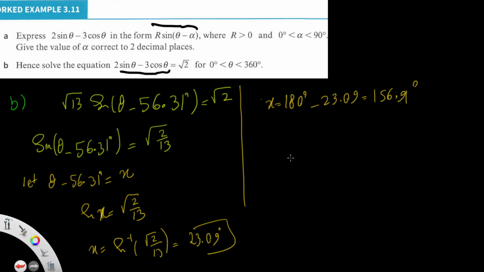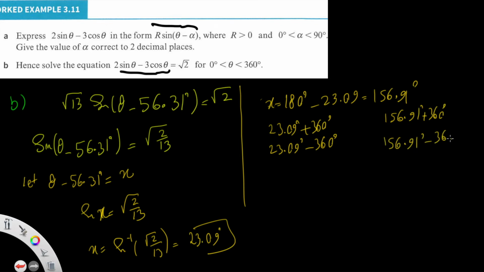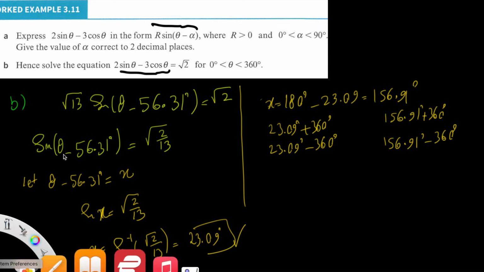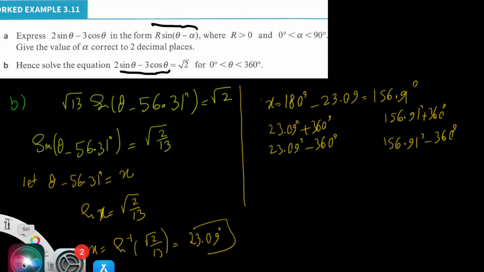Then 23.09 plus 360, then 23.09 minus 360, then 156.91 plus 360 and 156.91 minus 360. So this is acceptable. These are actually the x's.